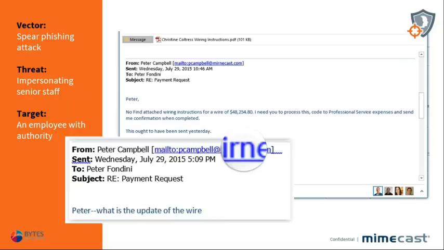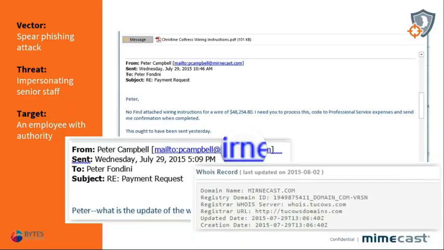Now, some people will rely on technology that will simply go and check a known list of bad domains. If you're reliant on that sort of technology, this would have never come up, because it's a single instance. This is the first time this domain's been used, so it's not made any lists yet. And it only refers to Mimecast type hacks. And when you look at the WHOIS record, this was actually a fully registered domain as well.